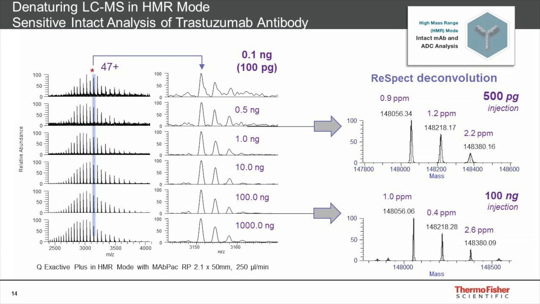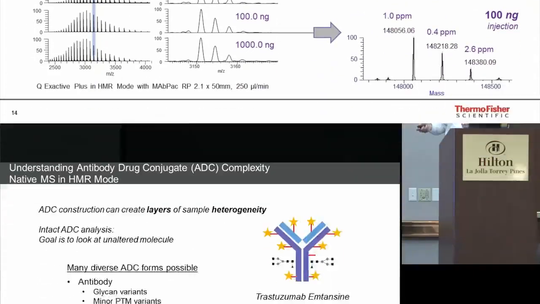I'm showing a deconvolution at 500 picograms, and we're getting very nice mass accuracies and the same masses as we're getting at a much higher level here at 100 nanograms. So this is a valuable approach for a great range of sensitivities.